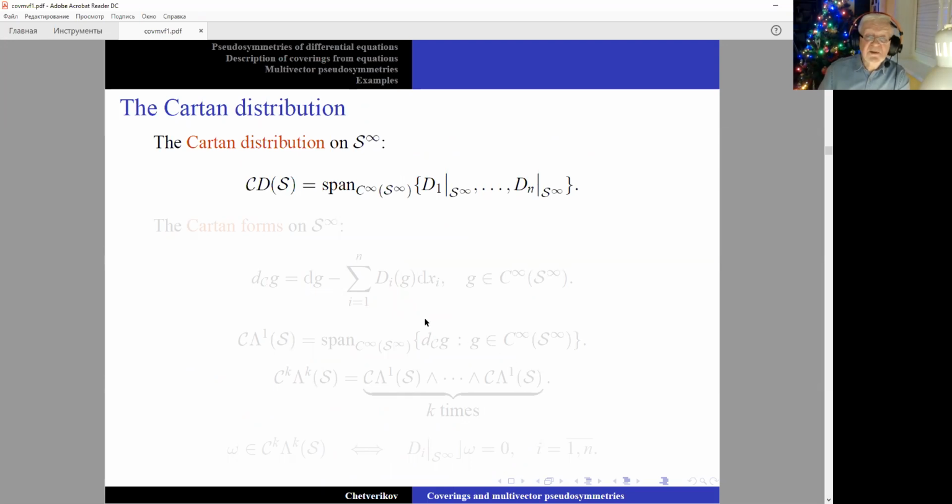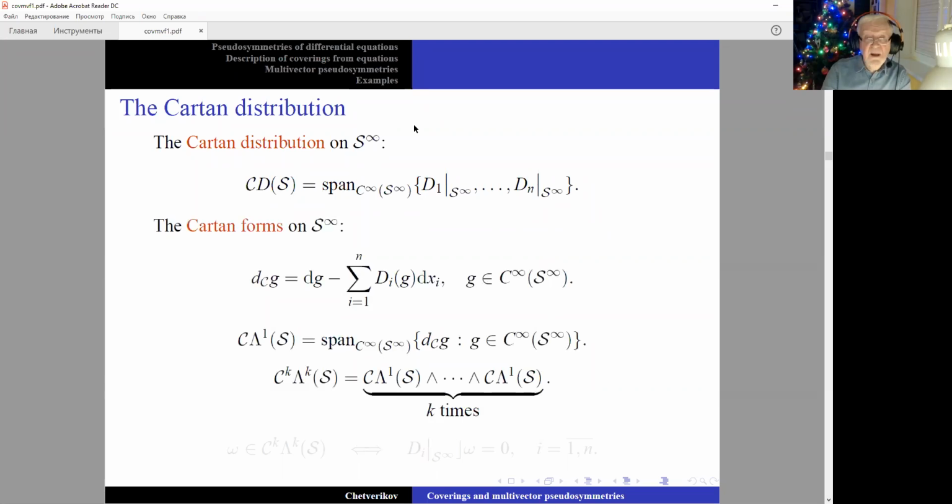The Cartan distribution on the infinite prolongation S is a span of the total derivatives, and this distribution is defined by Cartan forms of this form.